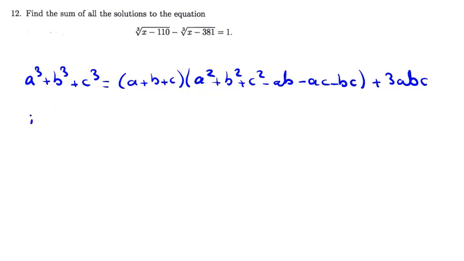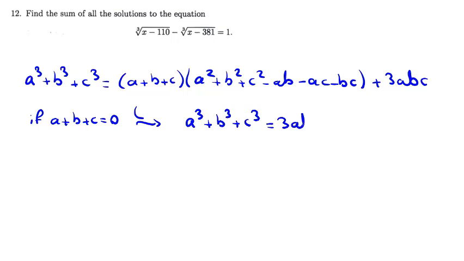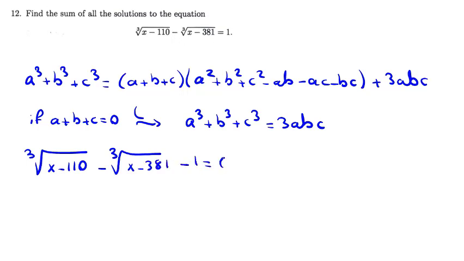If a plus b plus c equals 0, then we can conclude what? a cubed plus b cubed plus c cubed equals 3abc. Now here, consider this part: cube root of x minus 110 minus cube root of x minus 381 minus 1 equals 0.